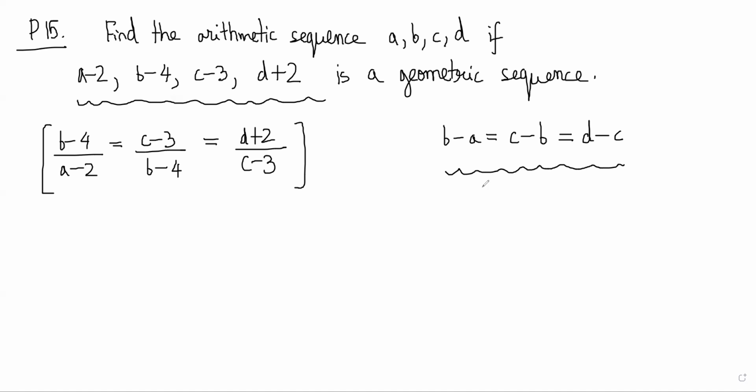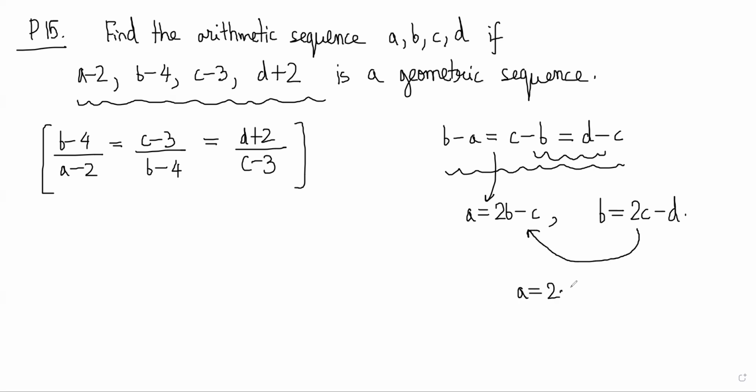So from these two equations here, we can say A is equal to 2B minus C, and from these two I can say, similarly, B is equal to 2C minus D. And putting this back into this, I can say A is equal to twice of 2C minus D, minus C. So this becomes 3C minus 2D.